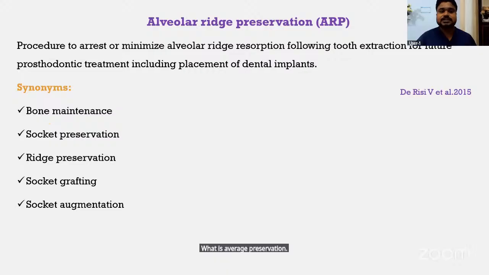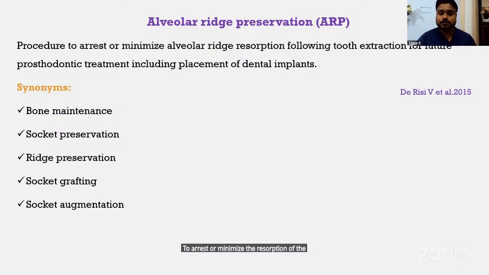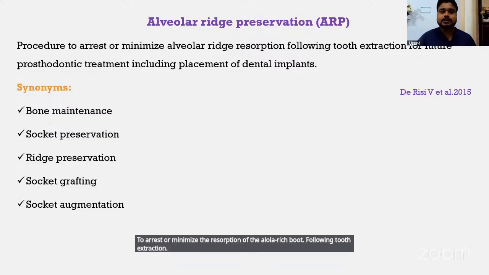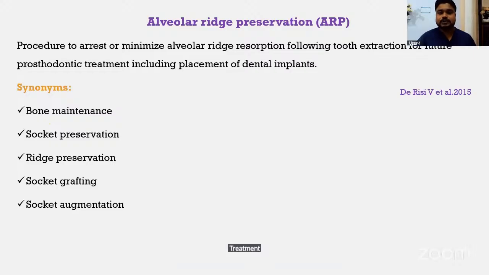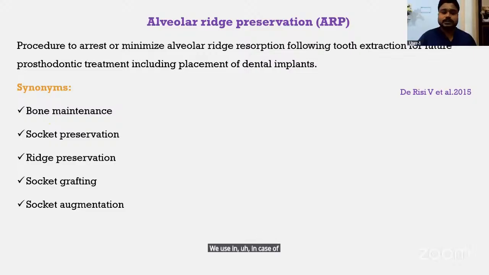Alveolar ridge preservation is a procedure to arrest or minimize the resorption of the alveolar ridge following tooth extraction for further prosthetic treatment, which even includes dental implant placements. It is also known as bone maintenance, socket preservation, ridge preservation, socket grafting and even socket augmentation. These are the various terms we use for alveolar ridge preservation.